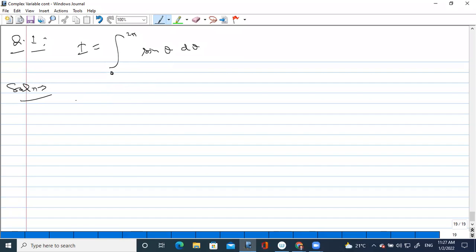So first we will convert that into complex form. Put sin theta equal to 1 upon 2i times z minus 1 upon z, and for d theta you apply dz upon iz.